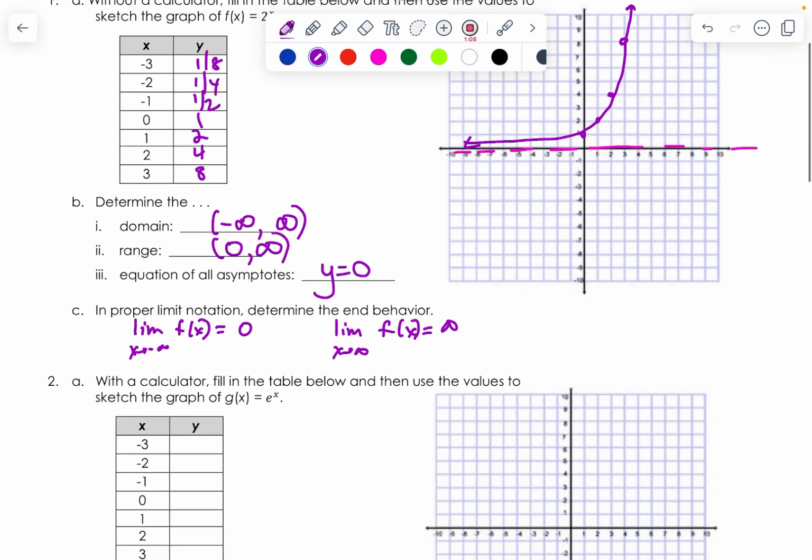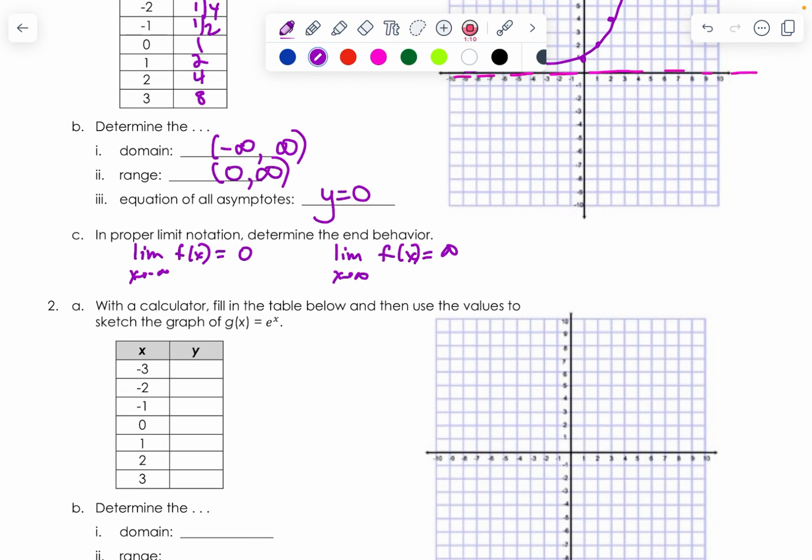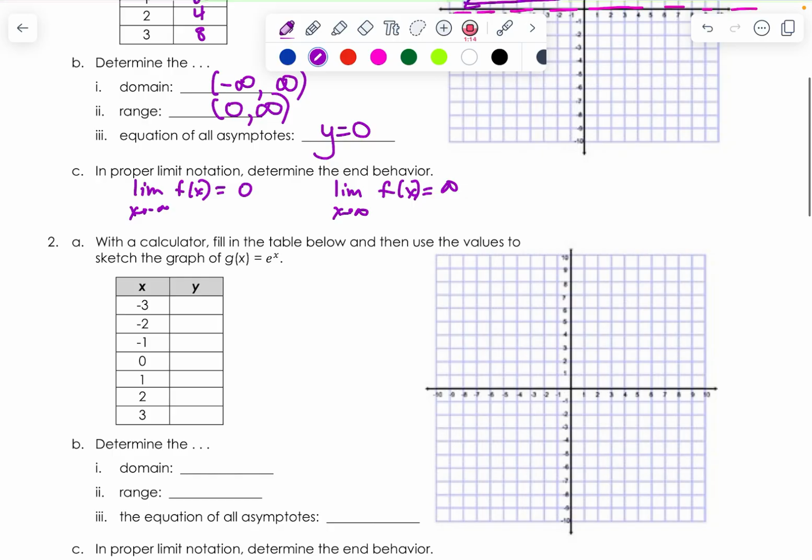All right. I'd encourage you to pause the video and fill in the table on your own. And then when you have it, press play. So I'm filling in what I got from my calculator.